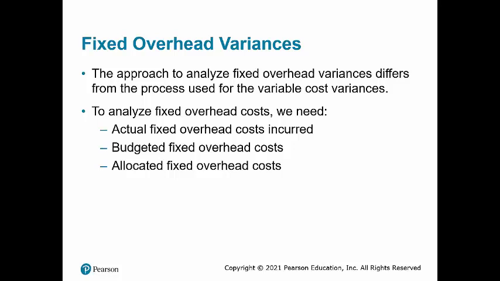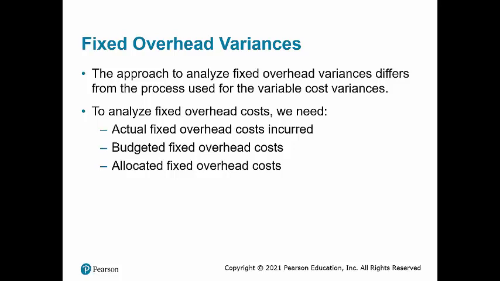Remember that fixed costs are not expected to change in total within the relevant range, but they do change per unit when there is a change in volume. To analyze fixed costs, we need three amounts: actual fixed overhead cost incurred, budgeted fixed overhead cost, and allocated fixed overhead cost.